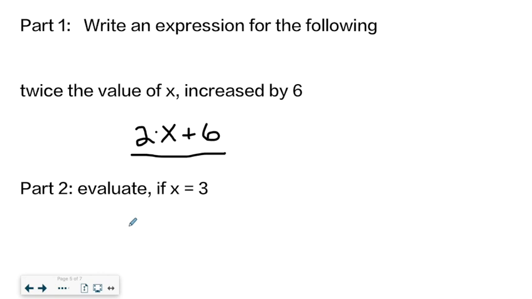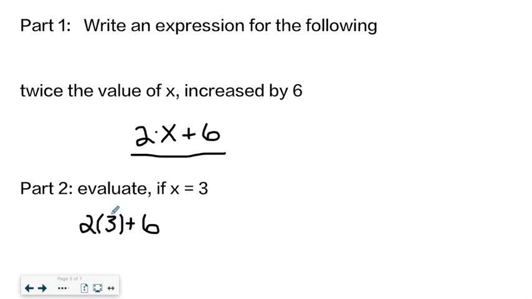Evaluate if x is 3. Well, now what I'm going to do is I'm going to have 2. Since x is 3, I can just put in 3 there. Okay, so 2 times 3 plus 6. Well, now I need to do PEMDAS. And so P is parentheses.